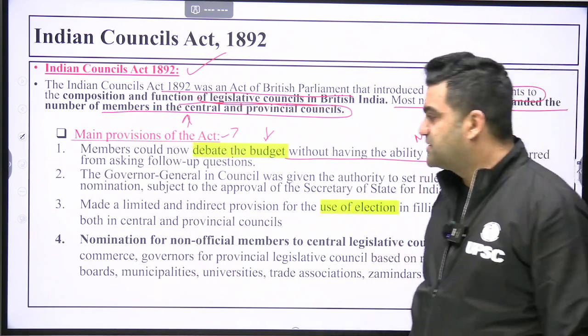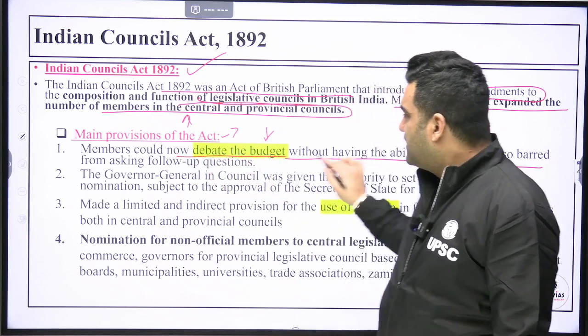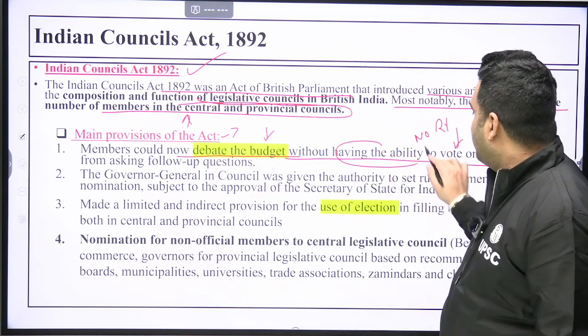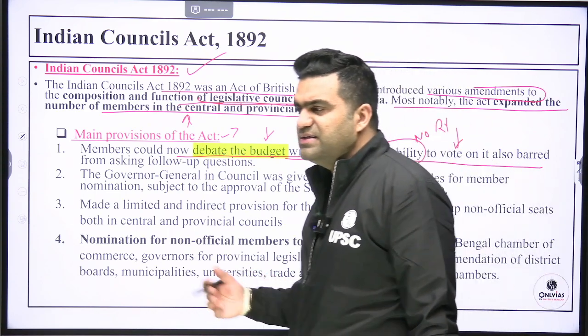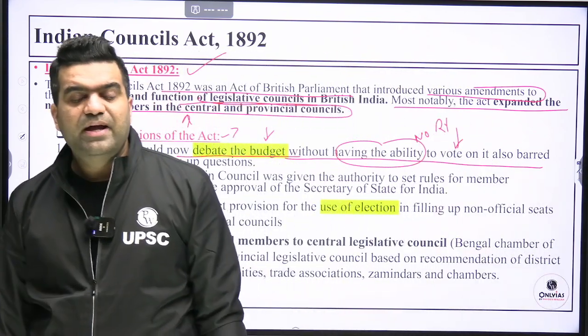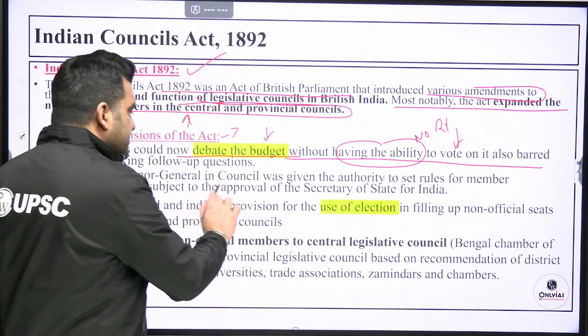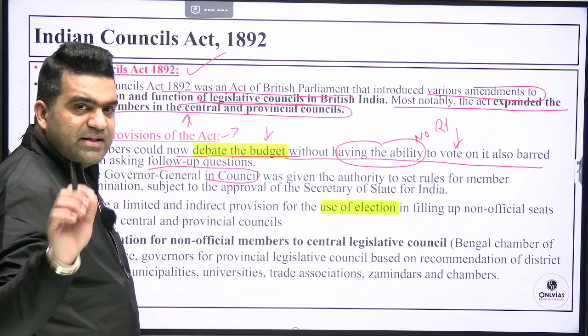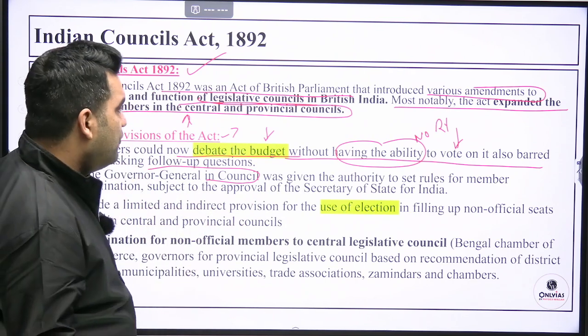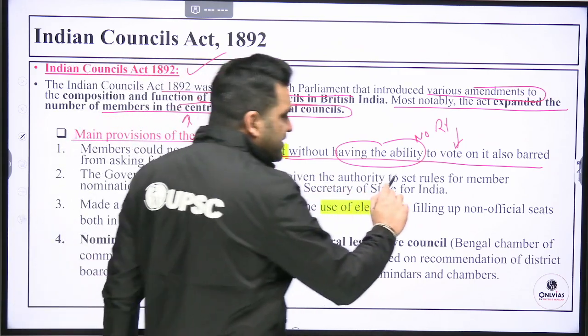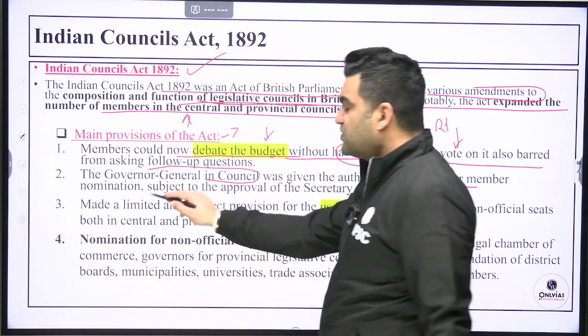Members could now debate the budget without having the ability to vote on it, like we see in the Rajya Sabha. We are talking about Indian Councils Act of 1892. The Governor General in Council, set up by the Act of 1853, was given the authority to set rules for members' nomination.